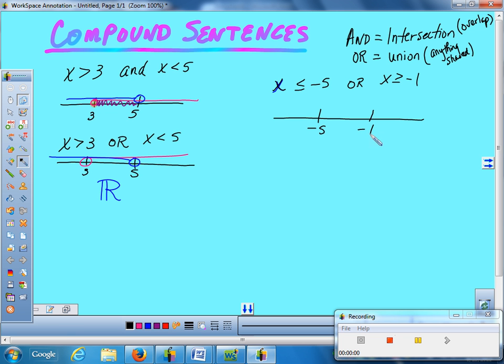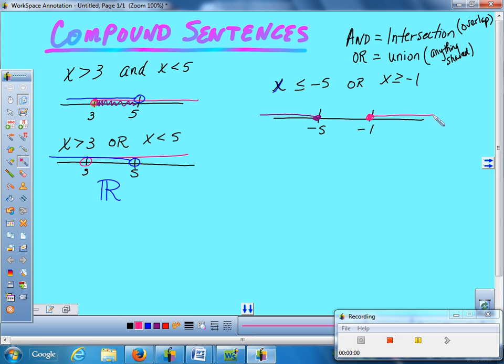To the left. That's a closed circle going left, and greater than or equal to negative 1 is to the right. This is an OR situation. On an OR, anything you shade is your solution.